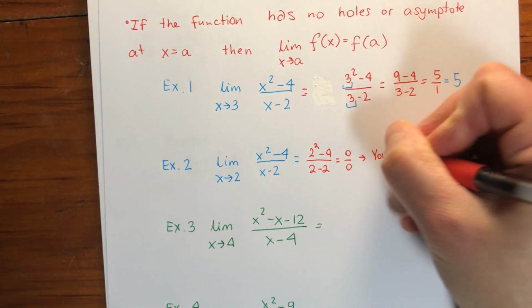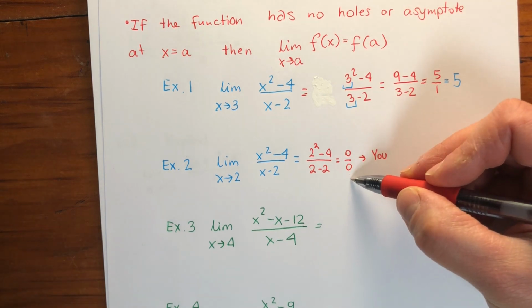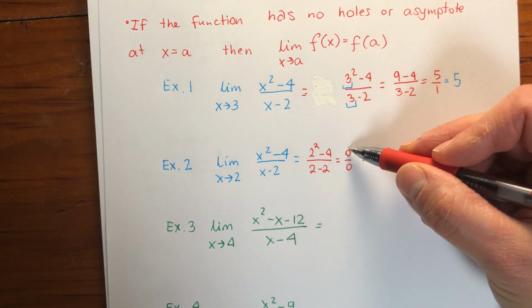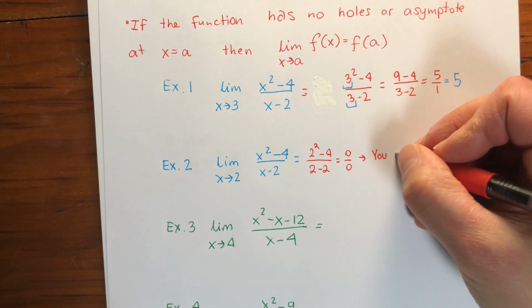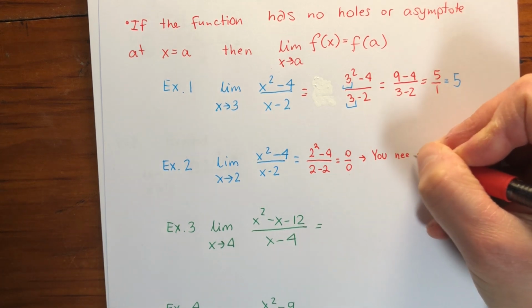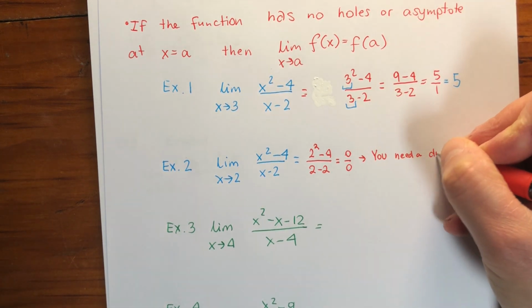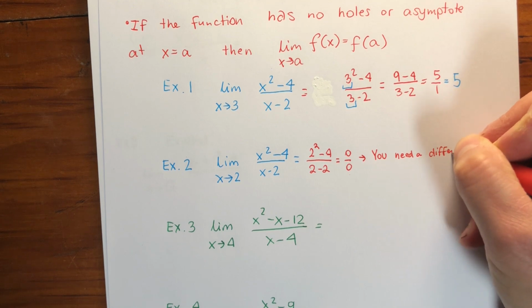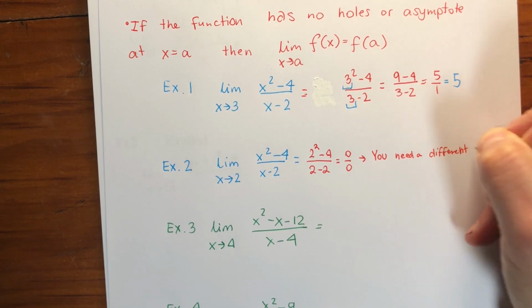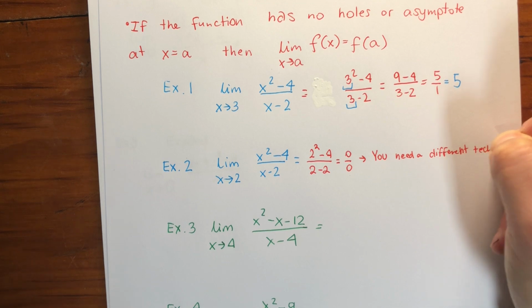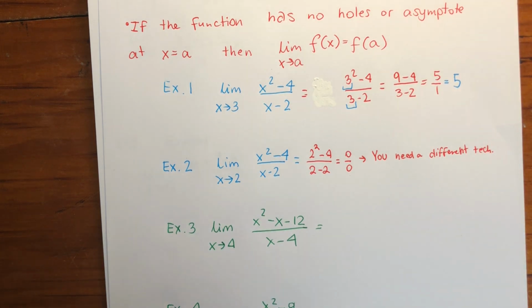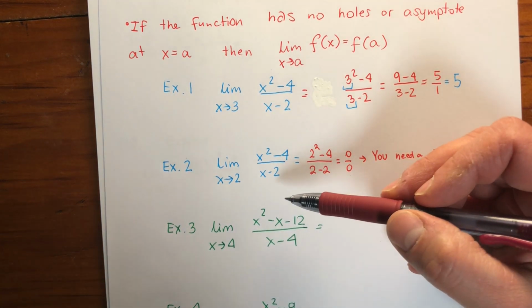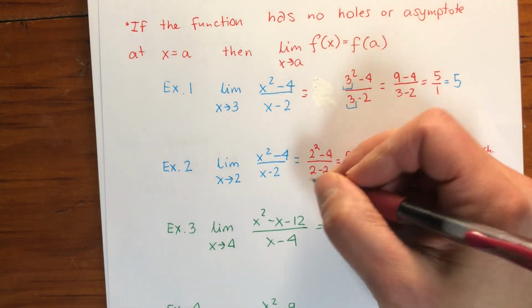Remember, if you get 0 over 0, or as a matter of fact, if you get a number over 0, you need a different technique. So basically, you need to think about, is there anything I can do with this expression to simplify it? So let's take a look.